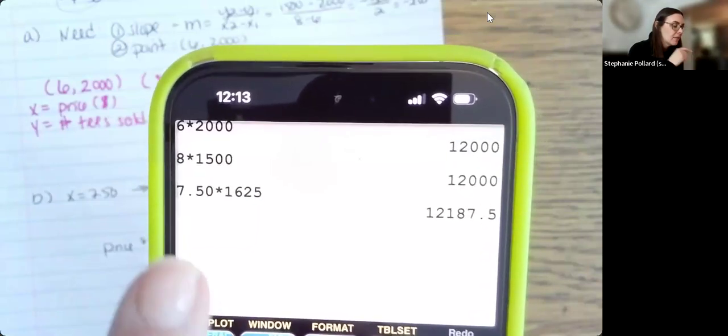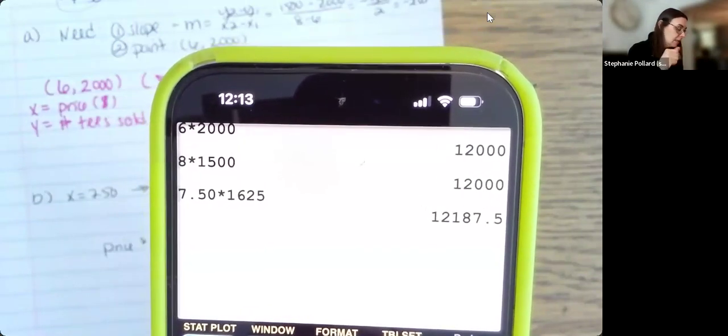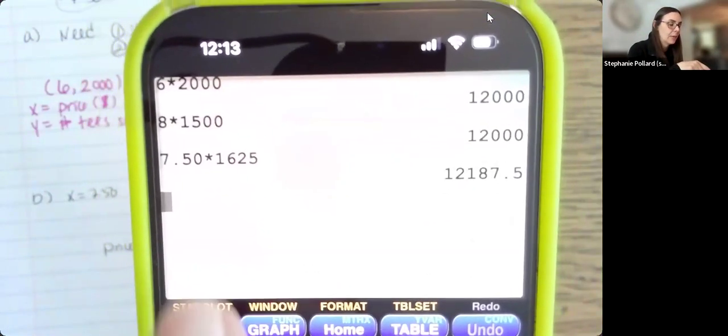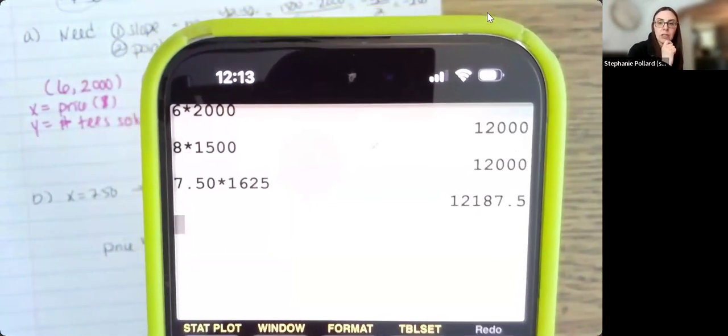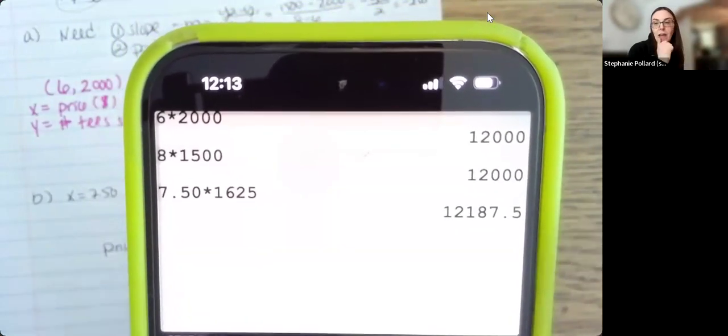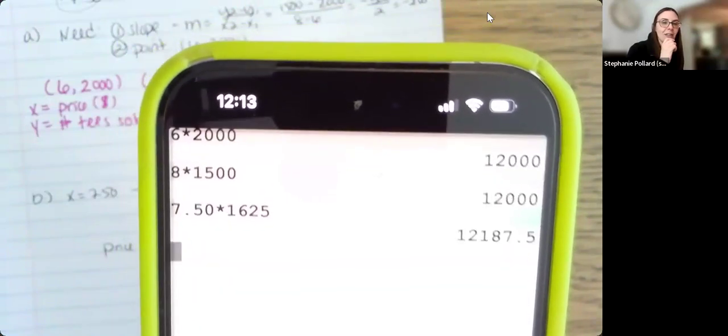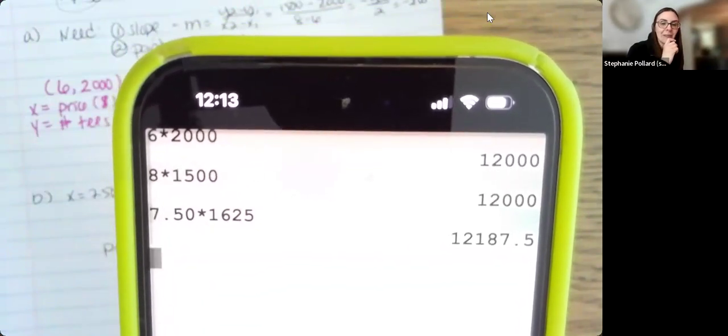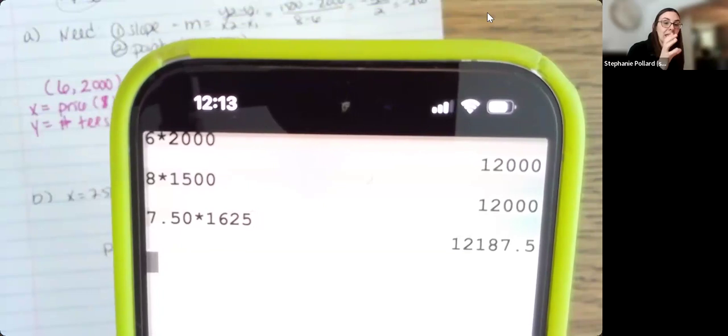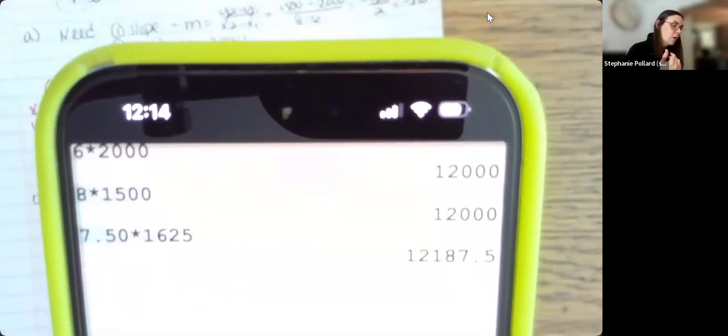We can see that 750 actually looks like a better deal here, right? Theoretically, if my price was 750, I would probably sell around 1,625 shirts. So I'm getting a little bit over $12,000. So I'm touching on the idea of trying to find those peak prices, or that peak revenue.